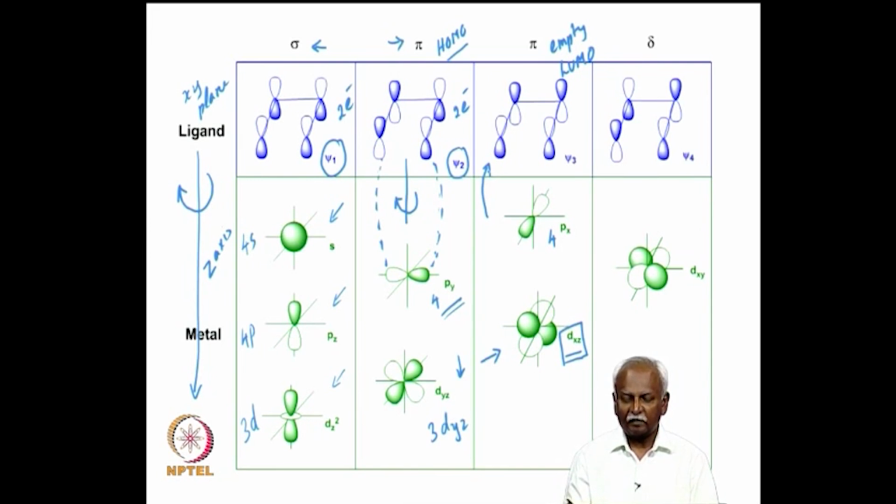The last type of interaction, which is a type of delta bond which can be formed between the butadiene and the metal, is pictured here. This is the high lying empty orbital with 3 nodes, and this can interact with the dxy orbital.